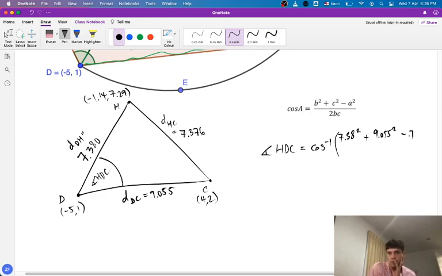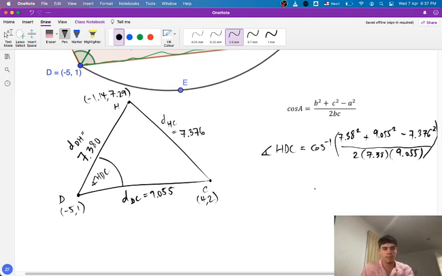So opposite, I'm going to go minus 7.376 squared, and that's all over 2 times 7.38 and 9.055. I'll try and close that off.